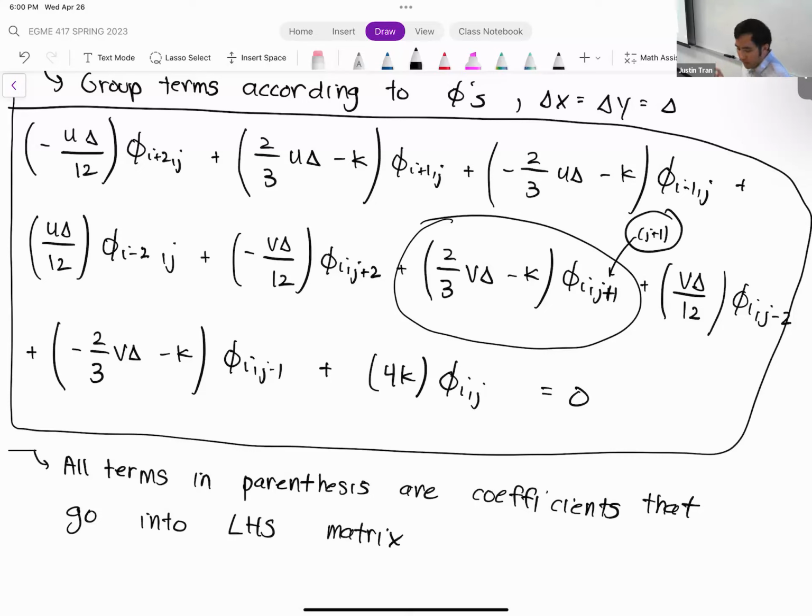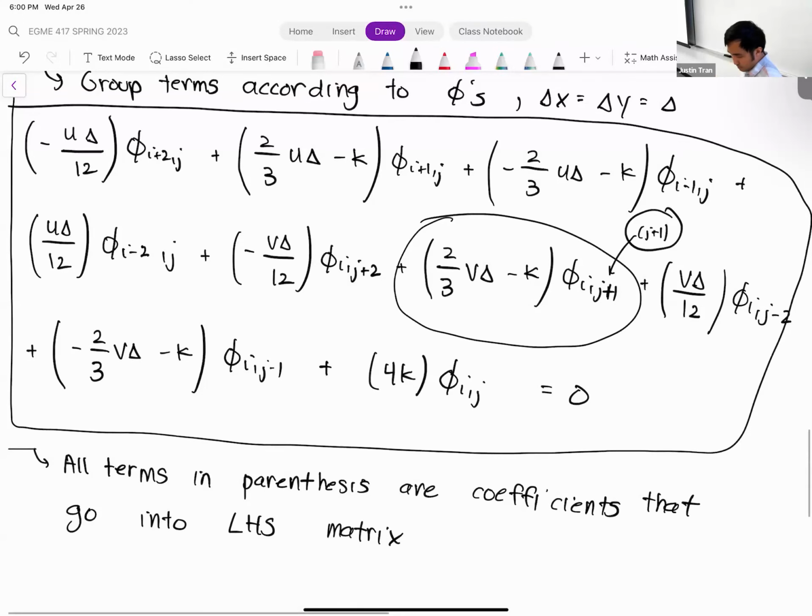That's why I go through the trouble of writing it in this form, so that when you're writing your MATLAB code, basically each term in parentheses becomes a line of code in MATLAB. All right. Any questions on this here?